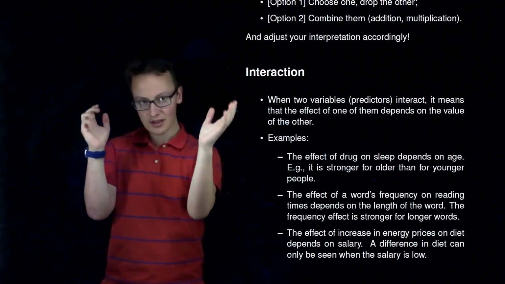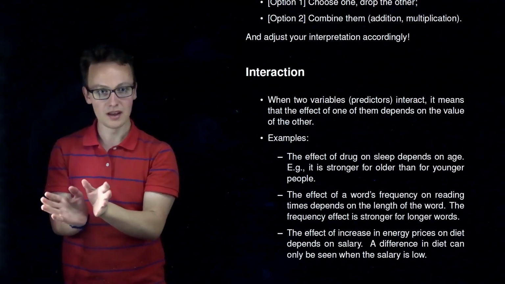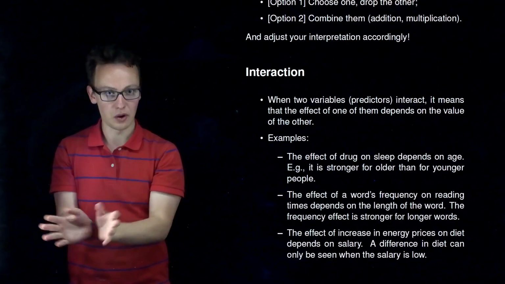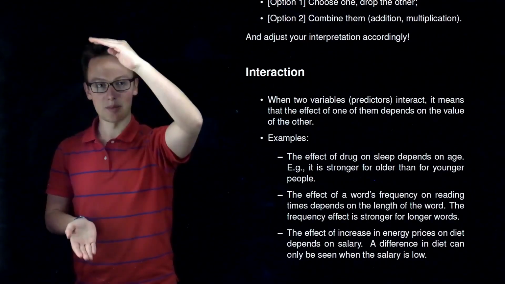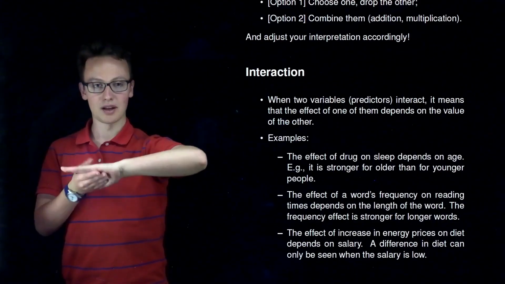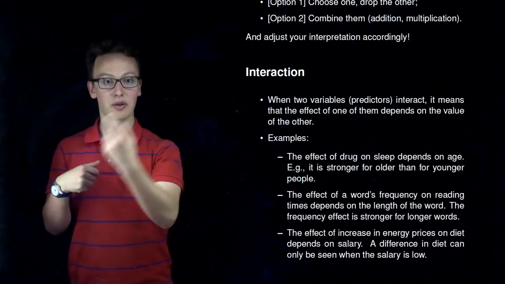That is, if we just look at rather long words overall, then among those rather long words, there is quite a big reading time gap depending on frequency. So for long words, frequency has quite a big impact on reading time.